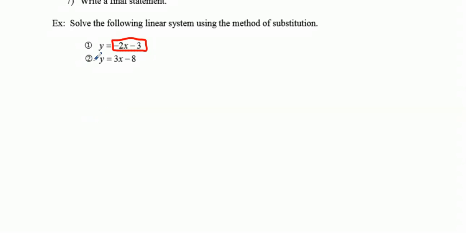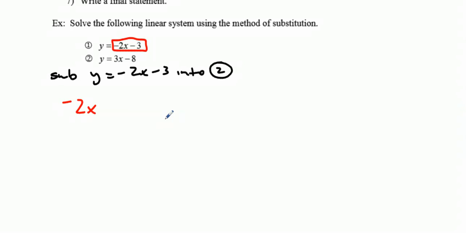Okay? So that's the very first step, is we're going to sub y equals minus 2x minus 3 into the second equation. So I'm going to put minus 2x minus 3 where the y is. And then I'm going to have equals. So I replace the y with this. Now I'm going to write the rest of the equation.